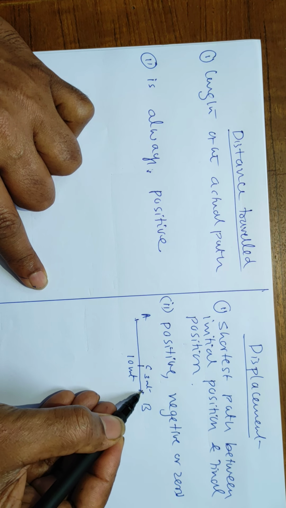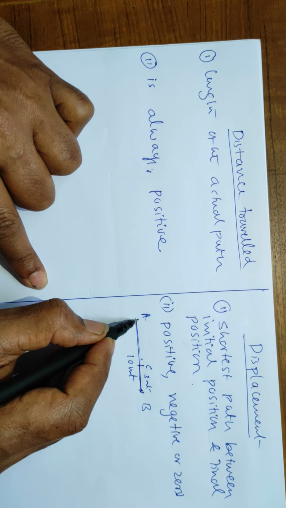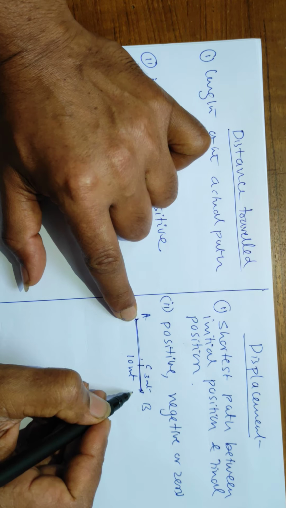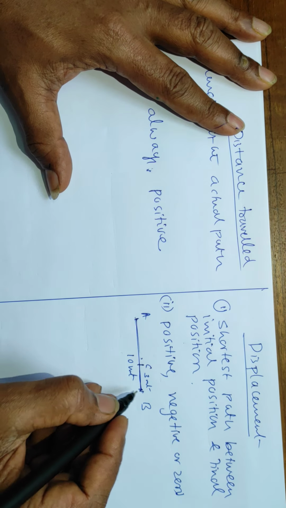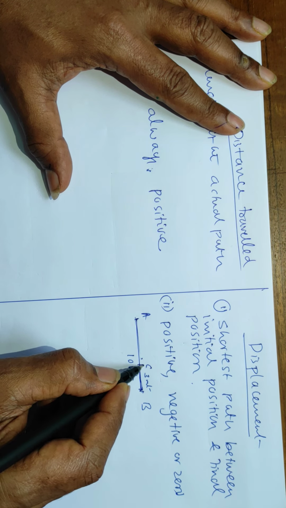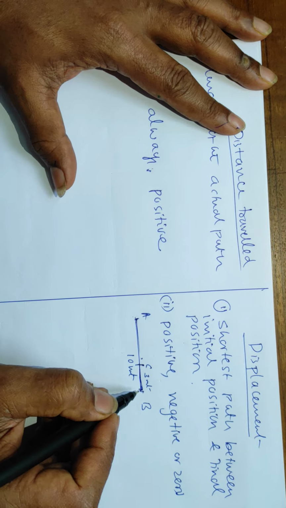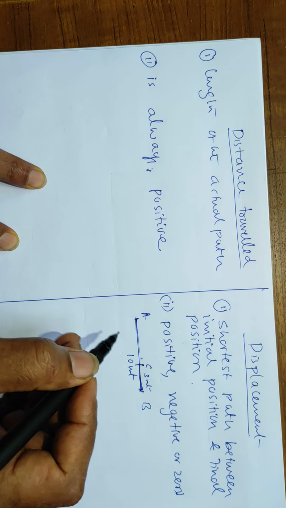When we consider the displacement opposite to a direction, there we take the displacement as negative. That means displacement opposite to the earlier direction. So there we take the displacement as negative.